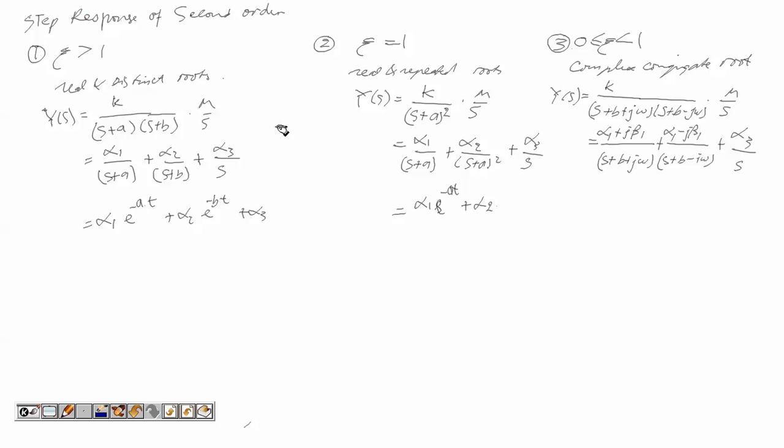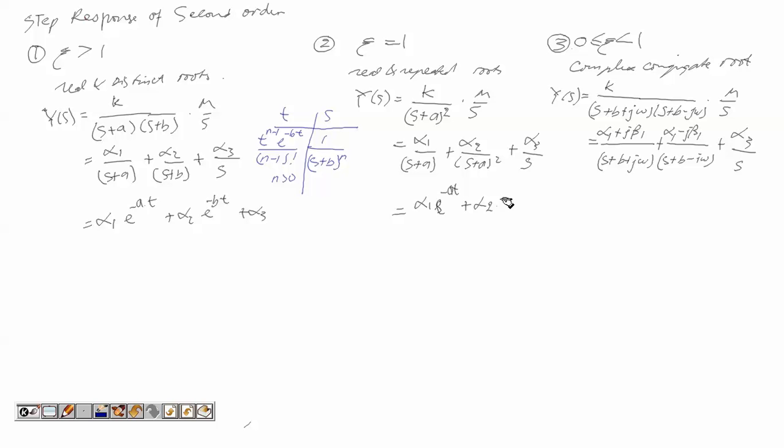So in this table, there is the t domain and the s domain. In the t domain, t to the n minus 1 e to the minus pt over (n minus 1) factorial, where n is more than 0. The Laplace function will be 1 over (s plus p) to the power n.